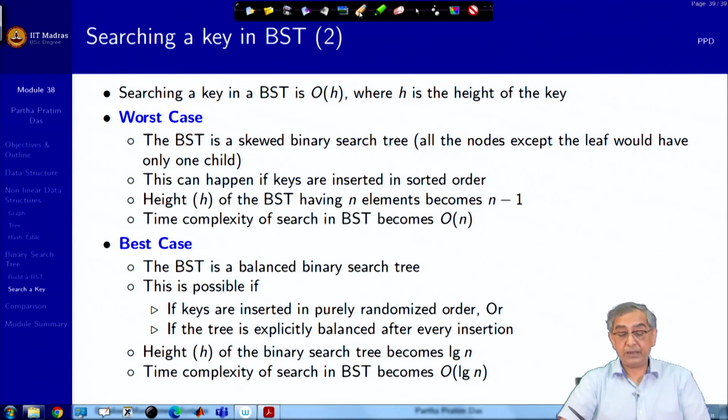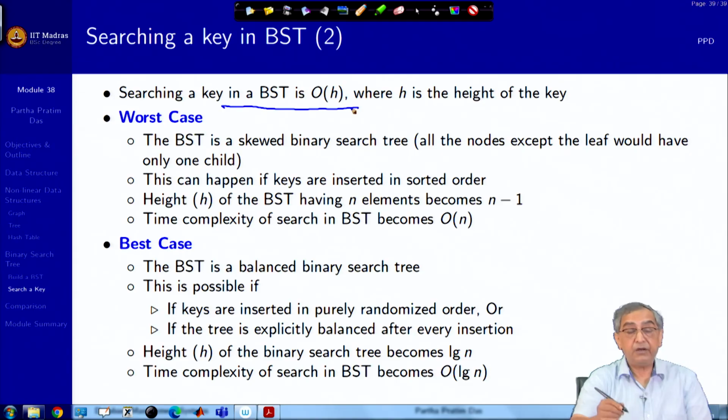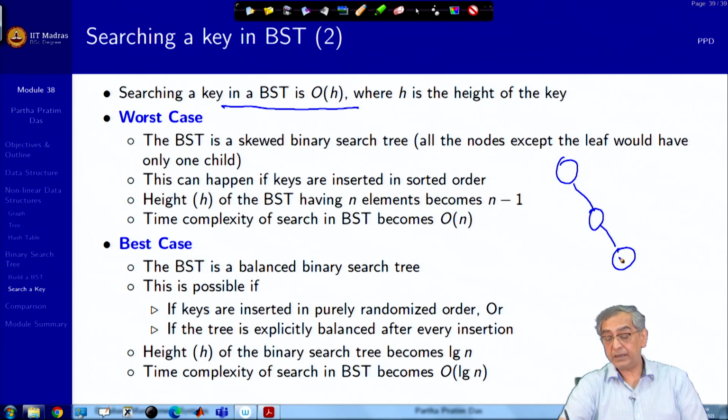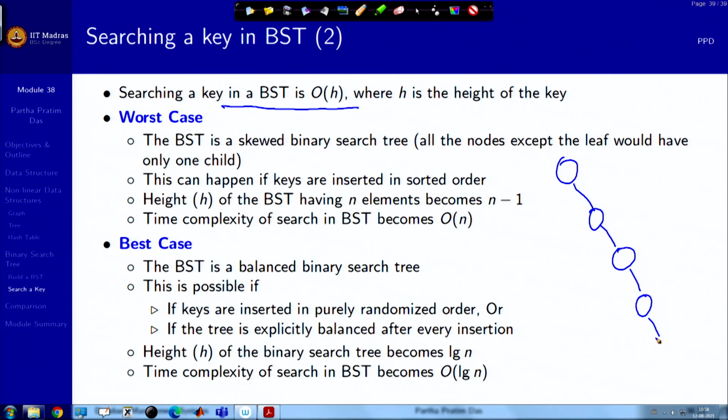So given this, the searching of a key in the binary search tree is order H, the height of the tree. The worst case will happen when all our nodes are like this, so that your height itself is n minus 1. So necessarily your search time would become worst, in the order n. And what is the best that you can have?